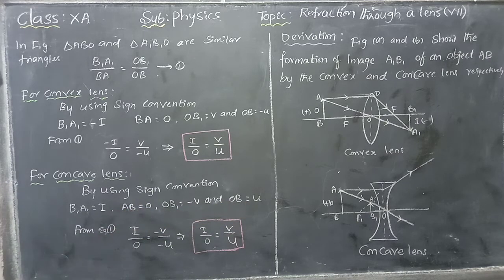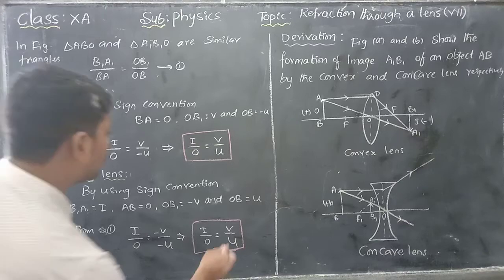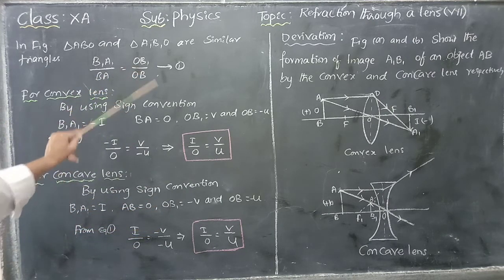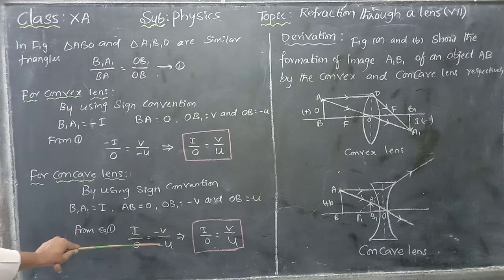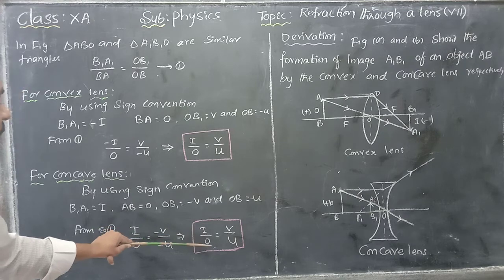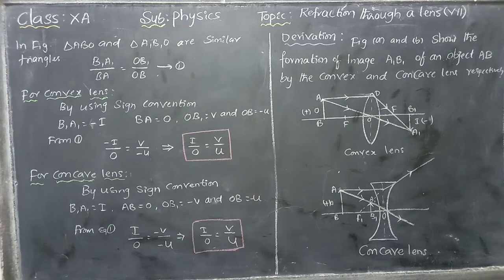OB is also negative because it is on the left-hand side. So from equation 1, A1B1 divided by AB, that is I divided by O, equals minus V divided by minus U. Here the numerator and denominator minus signs cancel.